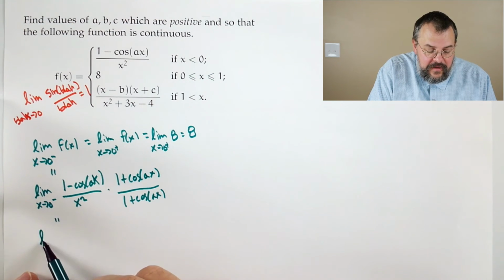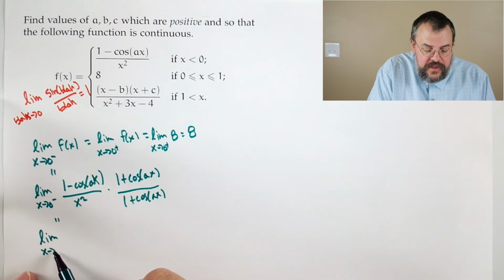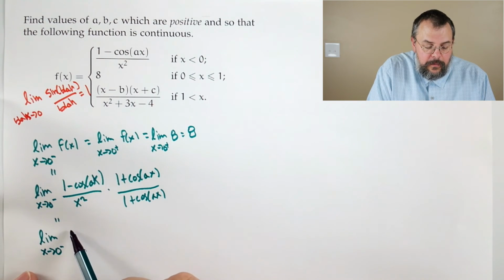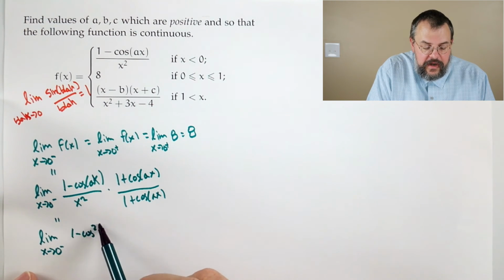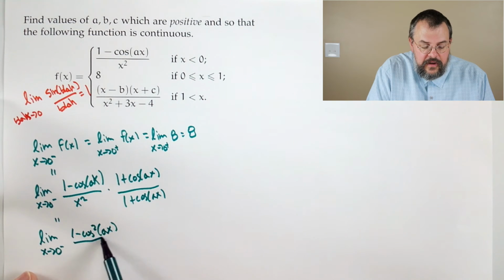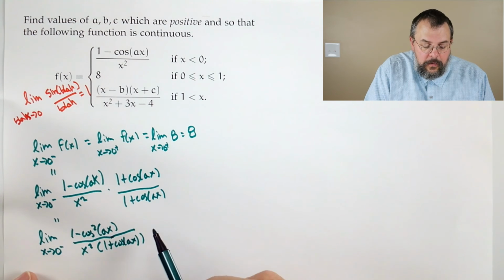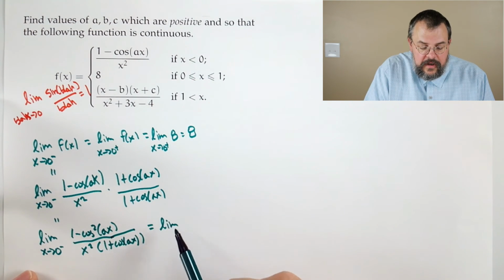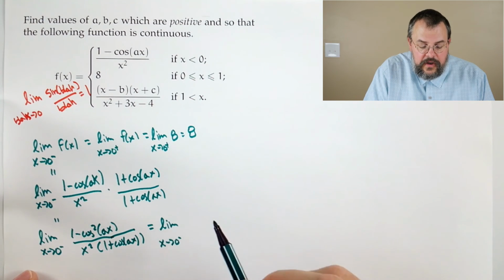So this is our limit as x approaches 0 from below of 1 minus cosine squared of ax over x squared times 1 plus cosine ax. Well, that's the limit as x approaches 0 from below.